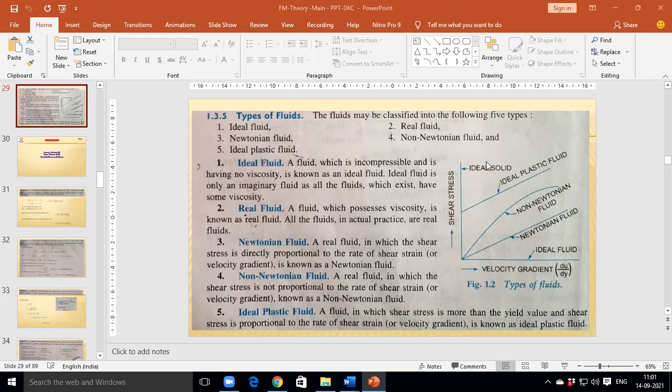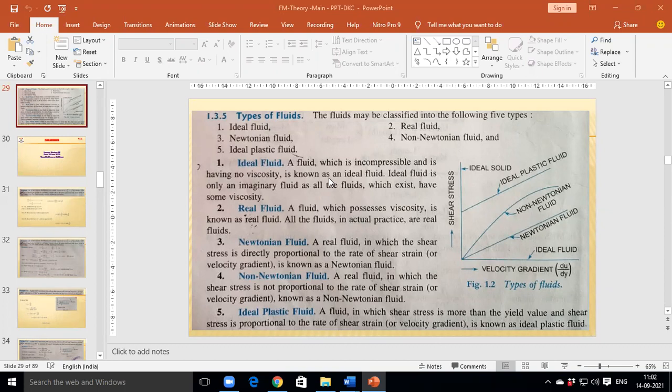Then ideal solid and ideal fluid. An ideal fluid is a fluid which is incompressible and has no viscosity. But such a fluid does not exist in nature, and that is called an imaginary fluid.